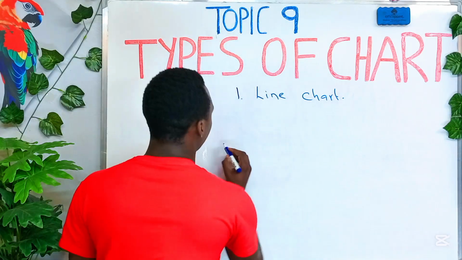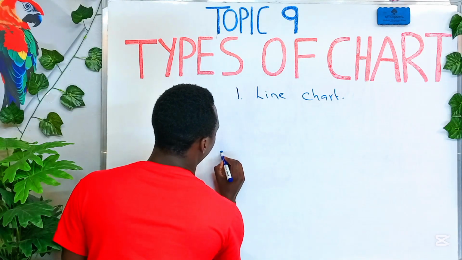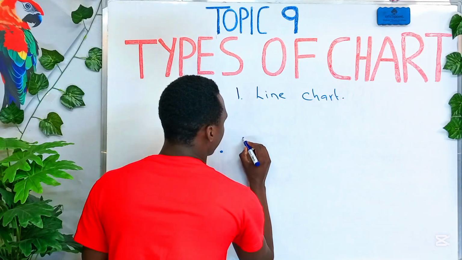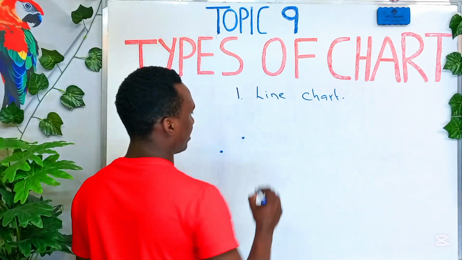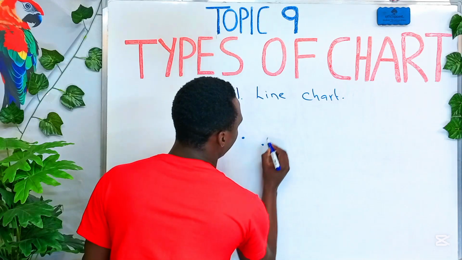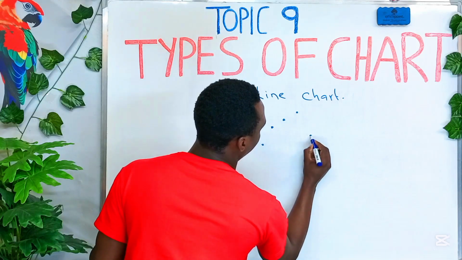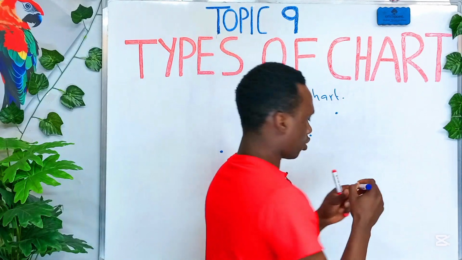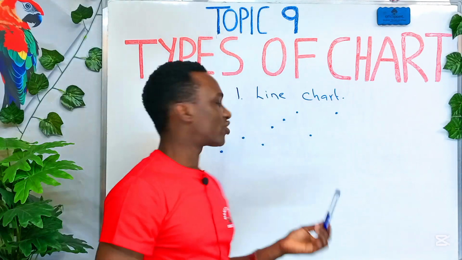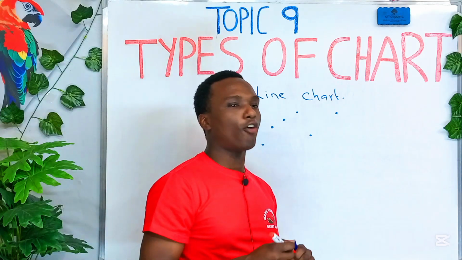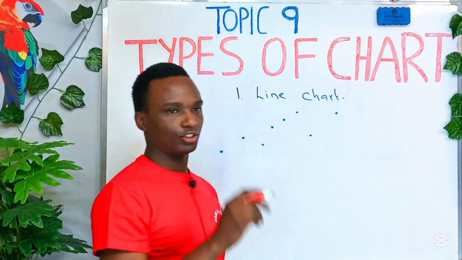Let's say for example you have this closing price, then the next closing price, the next one here, and here and here. So if we strung these closing prices together, it will form a line chart.